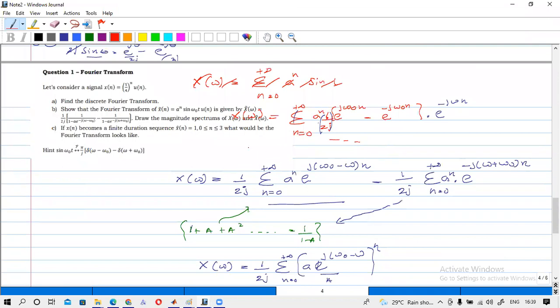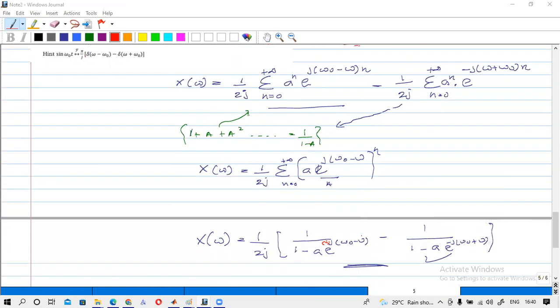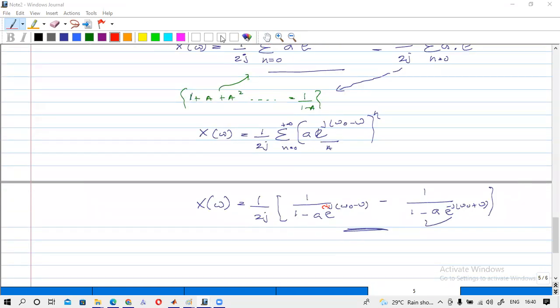Sometimes we can use this, but I think we should be given omega naught minus omega, yes. Yes, okay, thank you. So we are correct, no?